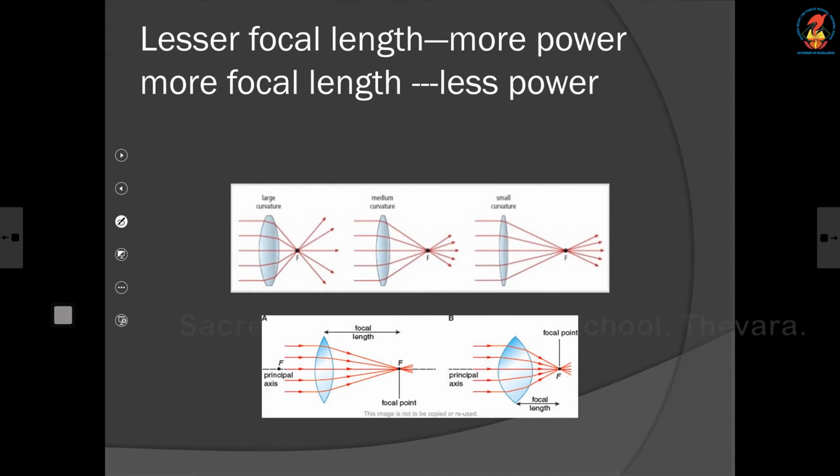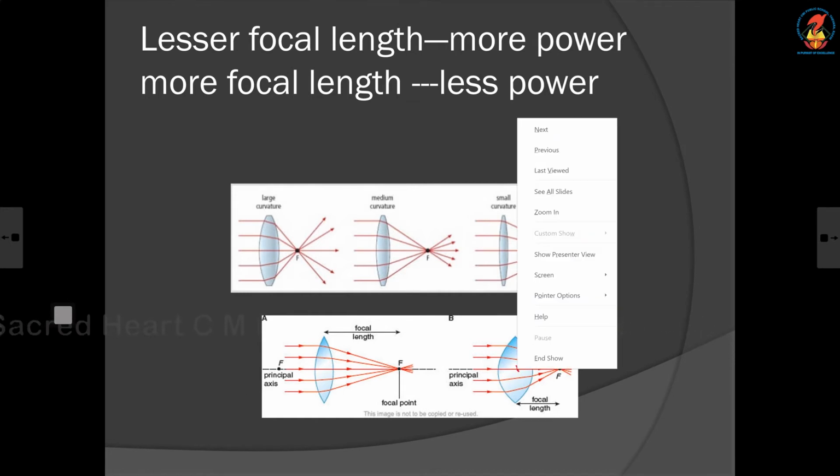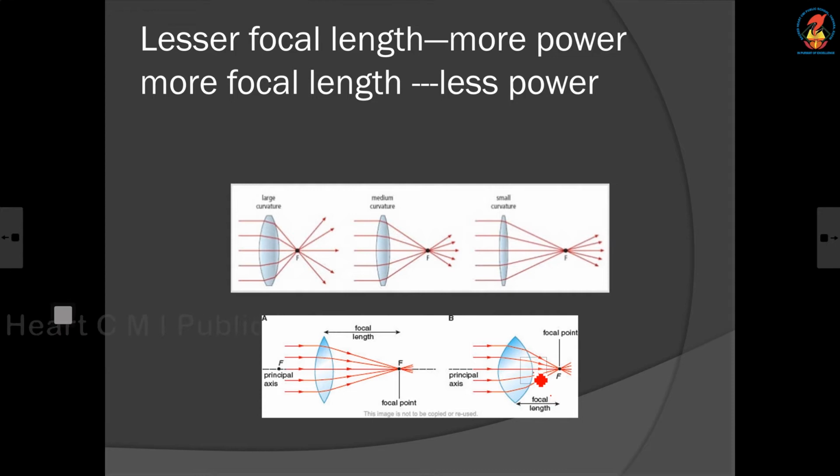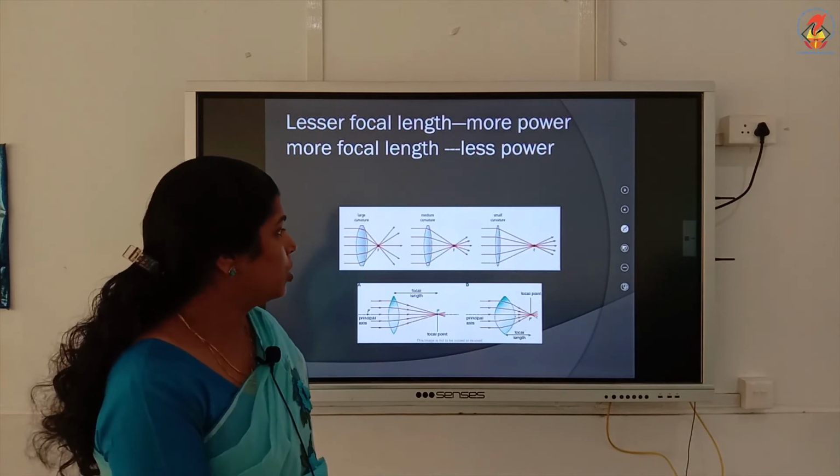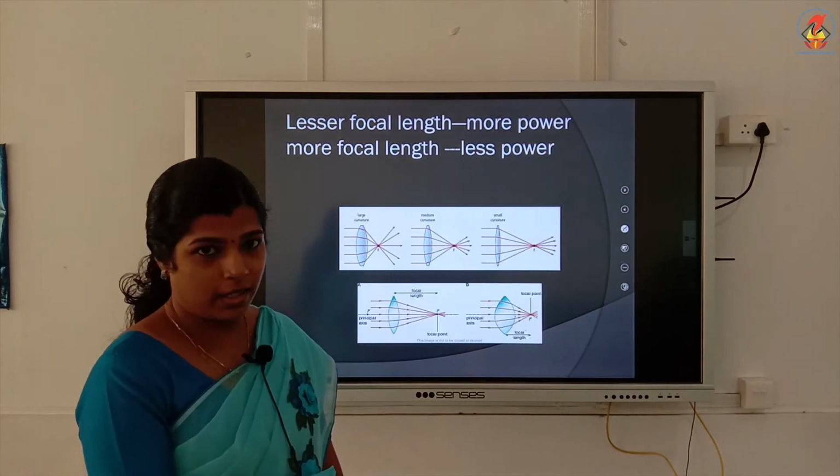Here, in this case, the focal length is less. The focal length is less means the power of this lens will be more, or this lens will converge the light ray very close to the lens.